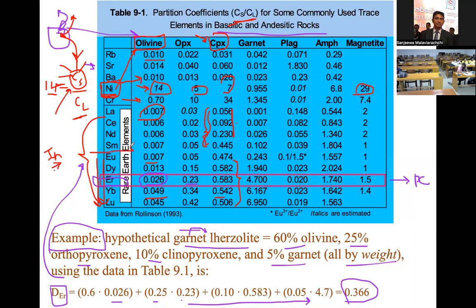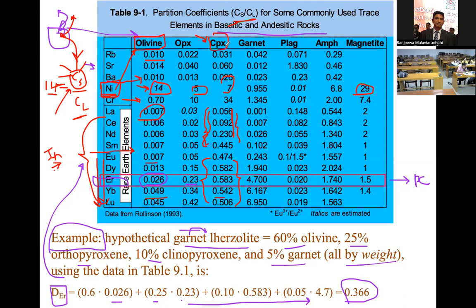So what are the rare earth elements of this half? Normally, you can divide it from here to there: light rare earth elements and heavy rare earth elements. So this particular set is called heavy rare earth elements, and this particular set is light rare earth elements. Actually, in between you have the middle rare earth elements, but just forget it for the time being. So heavy rare earth elements are compatible in CPX, and light rare earth elements are incompatible in CPX.